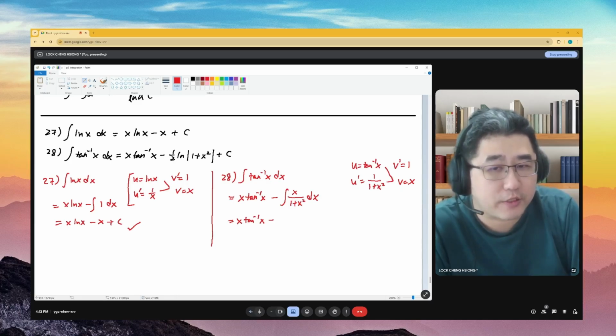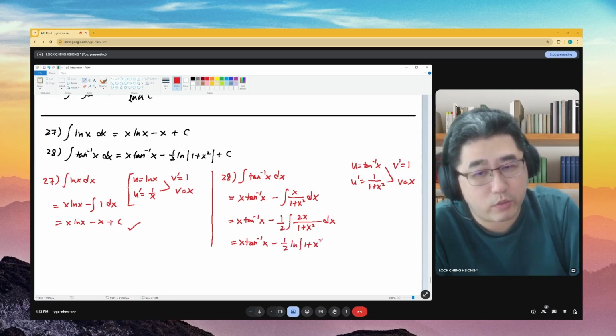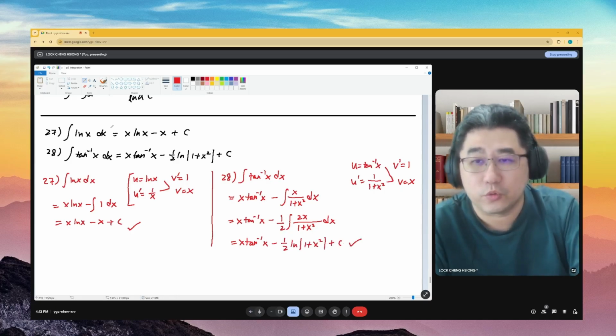I don't have a 2x there, so I create 2x. Now the top is actually the differentiate of the bottom, I can apply rule 23 now. Ln of 1 plus x squared plus c. Done. So this is how we actually get this thing.